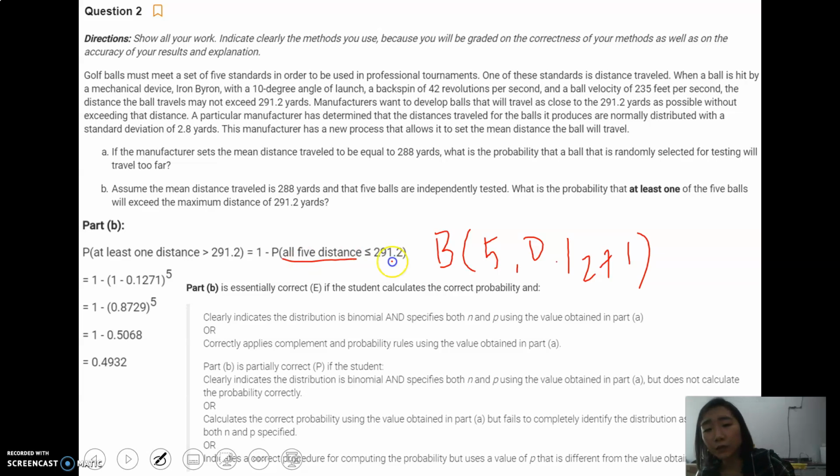So this will be probability of Q, right? That's why probability of success was 0.1271, and so it would have been easier to do 1 minus probability of success happening all 5 times, because the combination for that one will be just 1. So the answer is 49.32%.